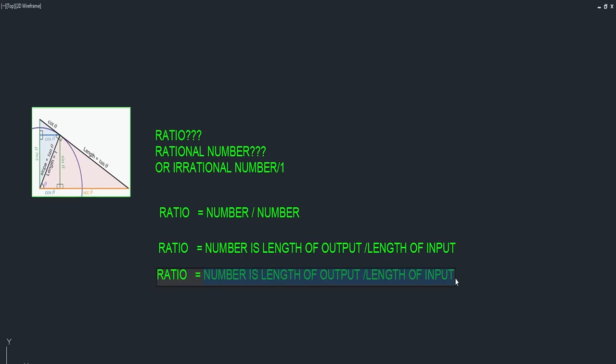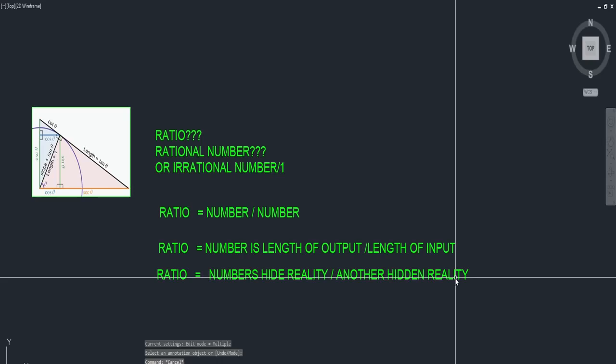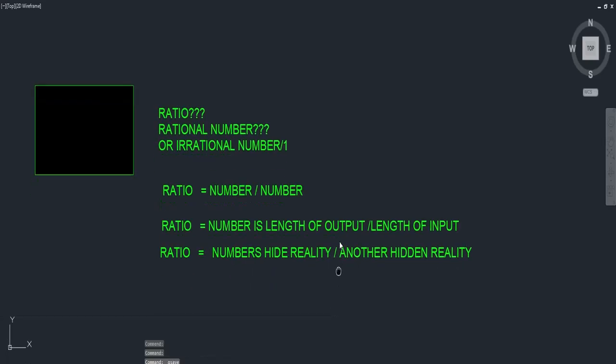Numbers abstract away the non-commutative nature of the world and convert every non-commutative reality to the commutative abstraction, which hides the concrete reality from our sight. We cannot see the reality because numbers hide reality divided by another hidden reality, which ultimately stops our eye from seeing the real reality.